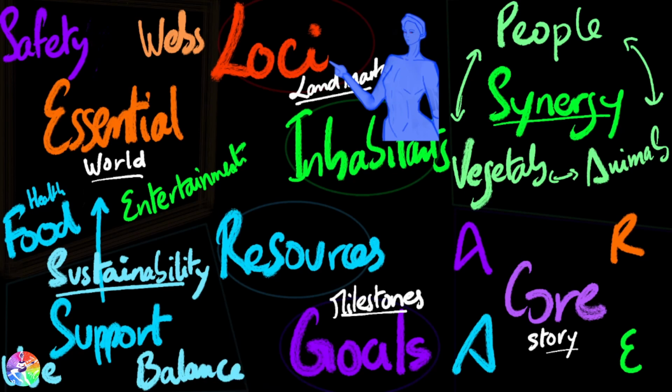Now, defining the loci, or the essential locations in your world, which will be grouped under 4 categories: webs, entertainment, health and food, and safety, is critical very early in the story. You can name them as early as your first chapter.